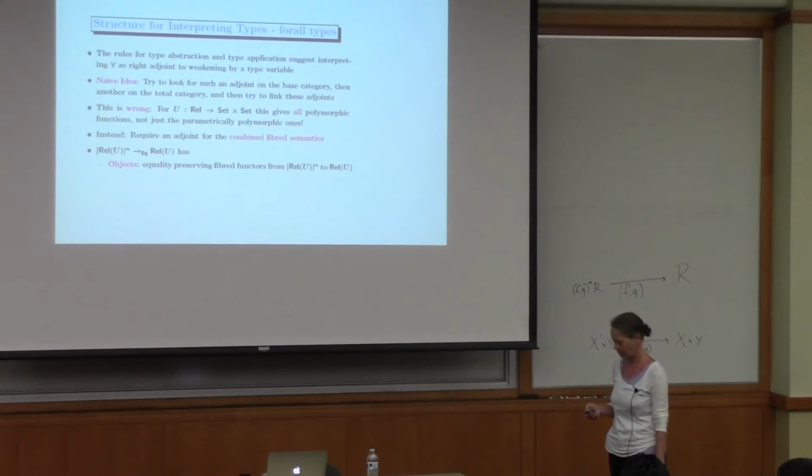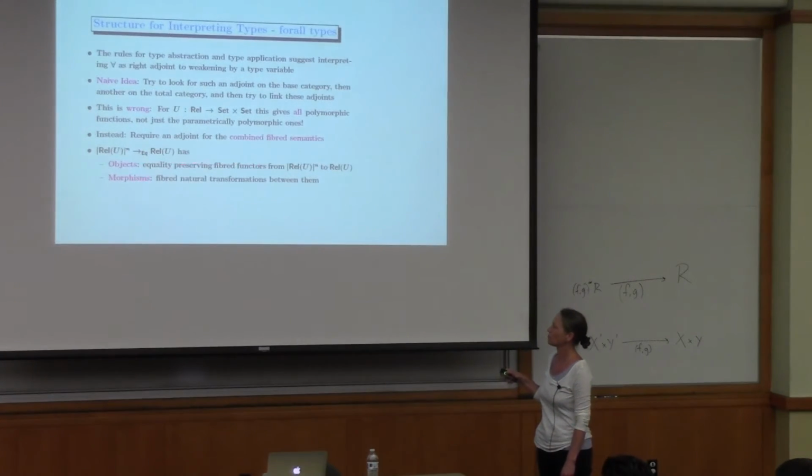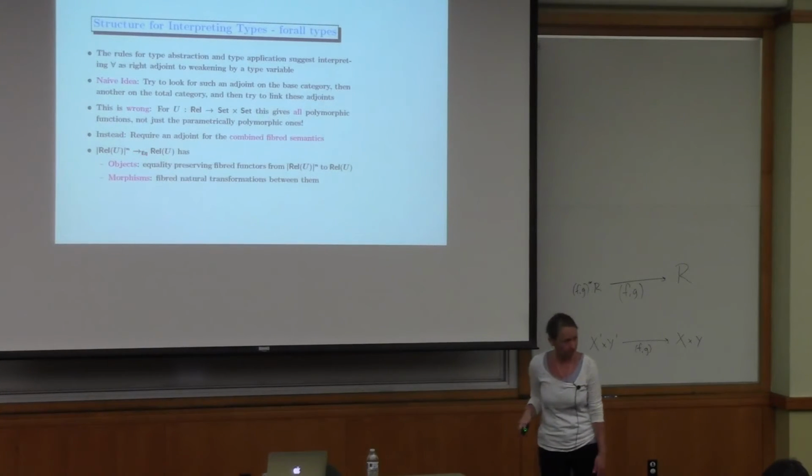I preserve equality. And the morphisms are going to be, well, these are fibered functors, so morphisms between functors are natural transformations. But since my functors are fibered, I should have my natural transformations be fibered as well. So I have this category of fibered functors that have fibered natural transformations between them as morphisms, and they interact really nicely with equality.